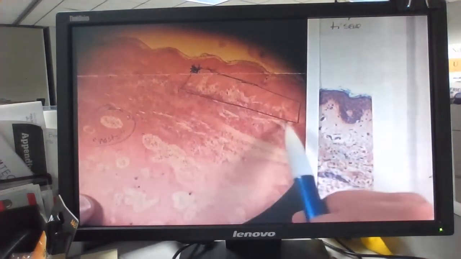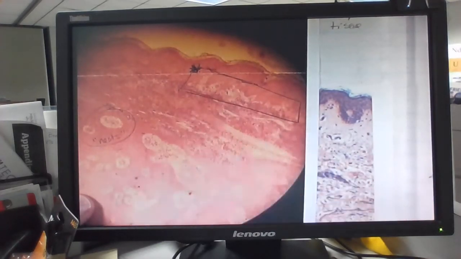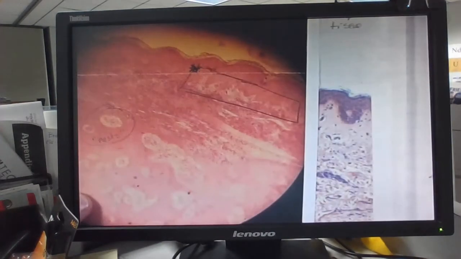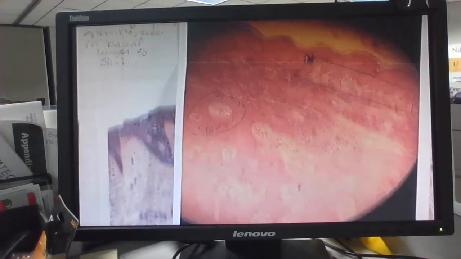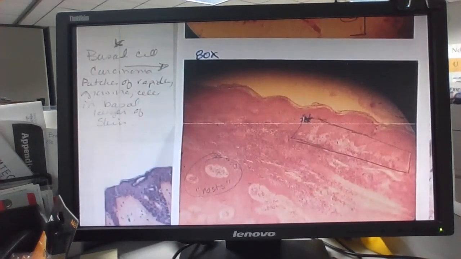But this would be our basal cell carcinoma part because that's where those basal cells are growing rapidly and out of control. So basal cell carcinoma, we've got patches of rapidly growing cells in the basal layer of the skin.